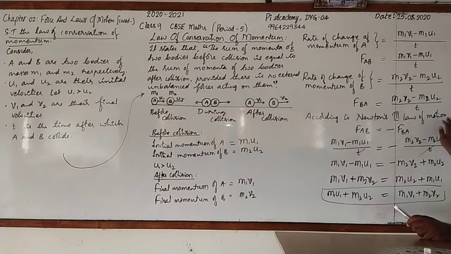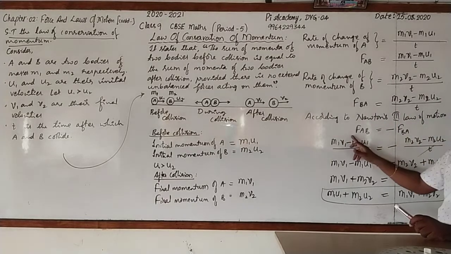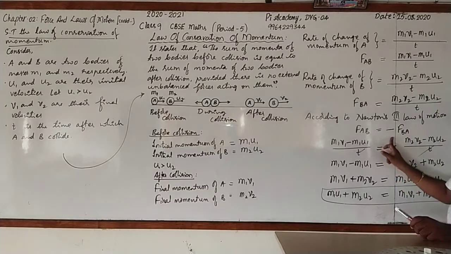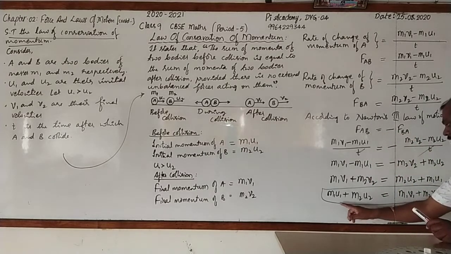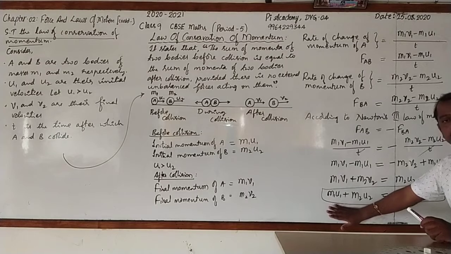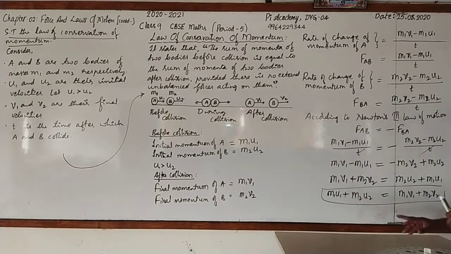Then go for using Newton's third law of motion. To every action there is an equal and opposite reaction. That is FAB is equal to minus FBA. Substitute, cancel. Then by interchanging the terms, finally you will get this one. It's very important: m1u1 plus m2u2 is equal to m1v1 plus m2v2.